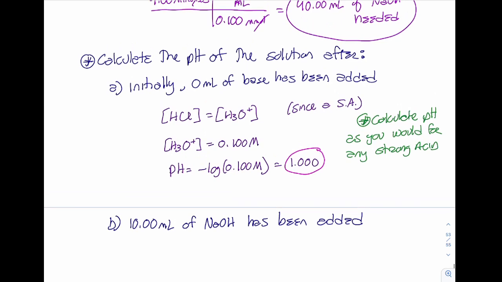So kind of our directions, right? They're in 2 different spots. Calculate the pH of the solution after 10 milliliters of sodium hydroxide has been added. So that base that we're adding is going to neutralize some of our acid, right? Those are going to undergo an acid-base neutralization reaction. So we're going to write that neutralization reaction.